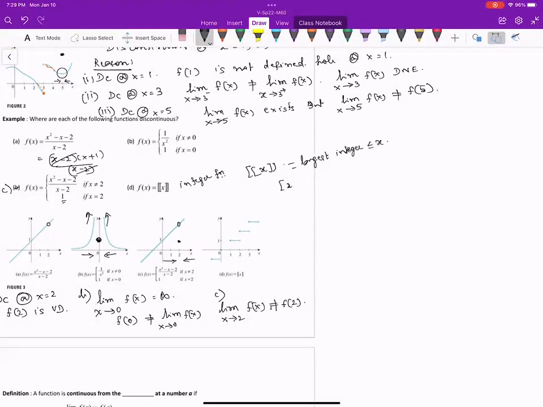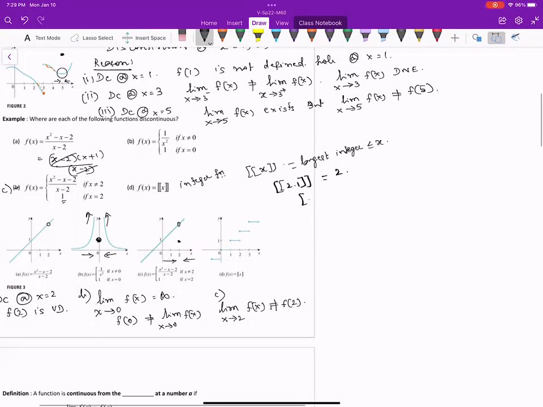What does that mean? If I consider 2.1, the greatest integer of 2.1, now what is less than 2.1? What is the largest integer to the left of 2.1, which is equal to 2?